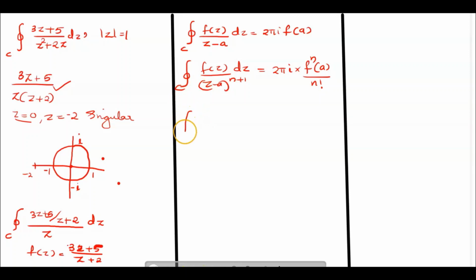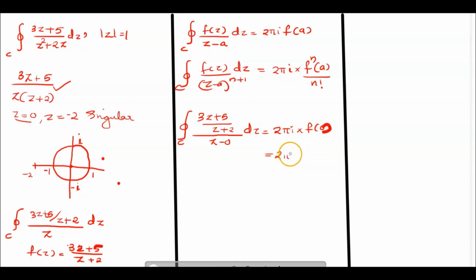Then what is the integral? Integral over C, where C is mod z equal to 1 and our f of z is (3z + 5) divided by (z + 2), all divided by z. Z means z minus 0. dz equals 2 pi i into f of 0.